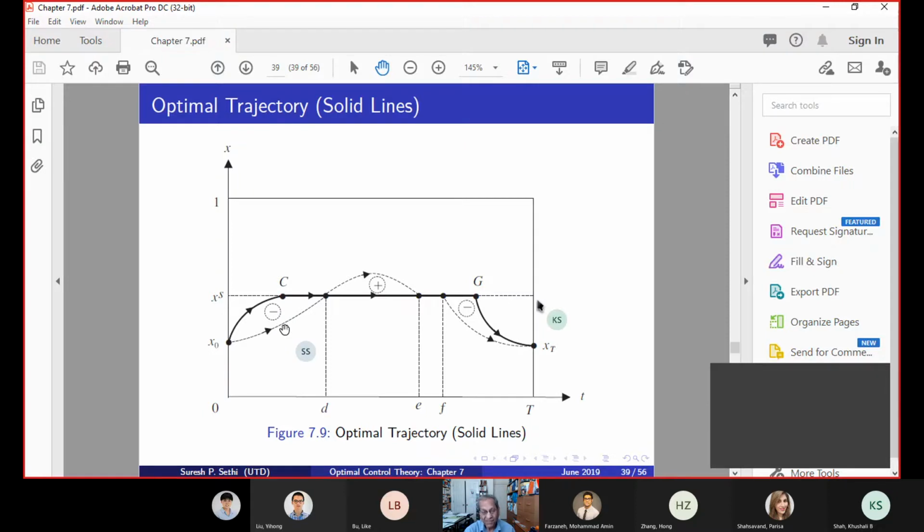Okay? That means that the profit of this path is not as good as the profit of this path. I also told you that above this, the lower trajectory is better.